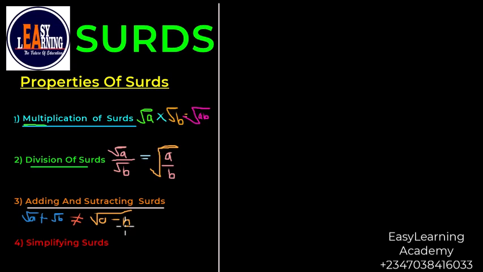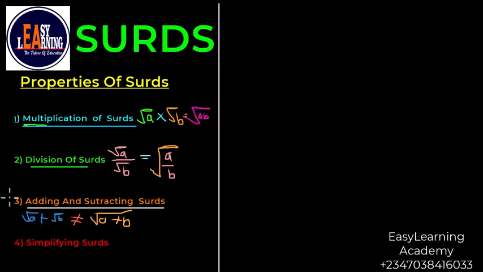Just like we did for multiplication, we can multiply them together, but in addition, you cannot directly add them together like this. That would be wrong.